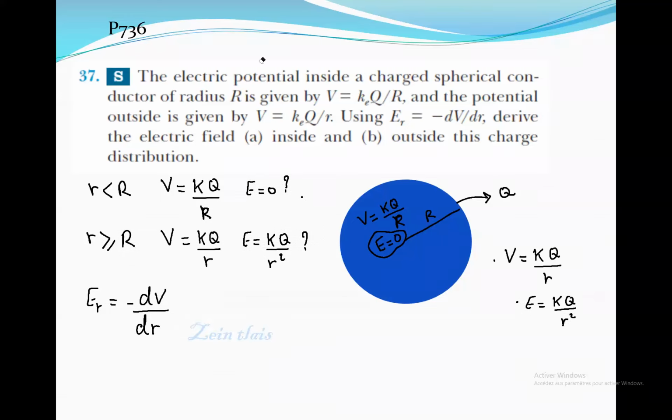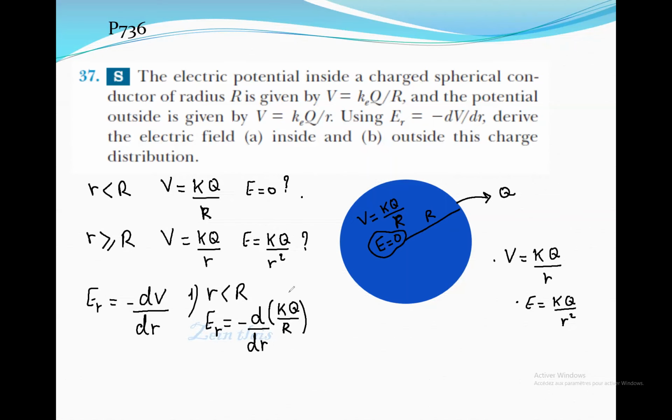Okay, let's start with the first one. r is less than capital R, inside the conducting object. E at this position equals minus dV divided by dr, and V equals KQ divided by the distance.